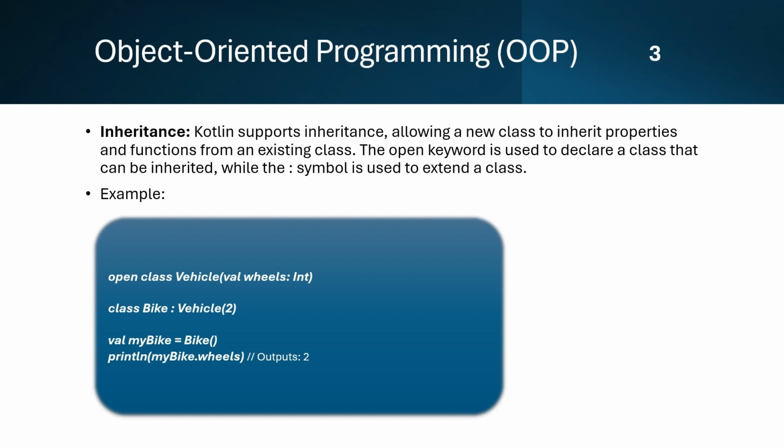So here we have the example, open class Vehicle, so that this class can be inherited, and then we use a class Bike with a colon, Vehicle. This is the extension, and then after we create an object of the Bike class, we use the variable wheels from the first class, as you can see.